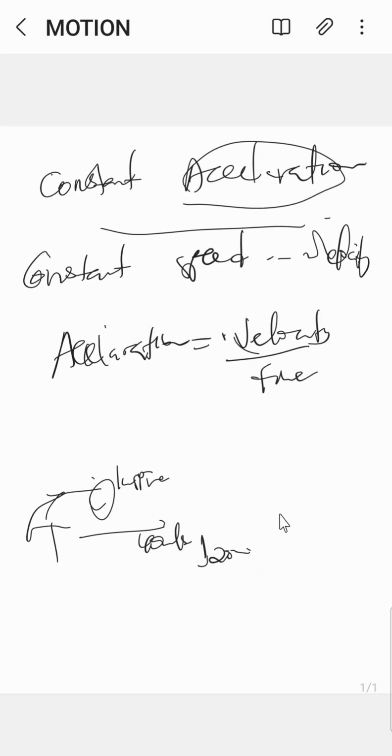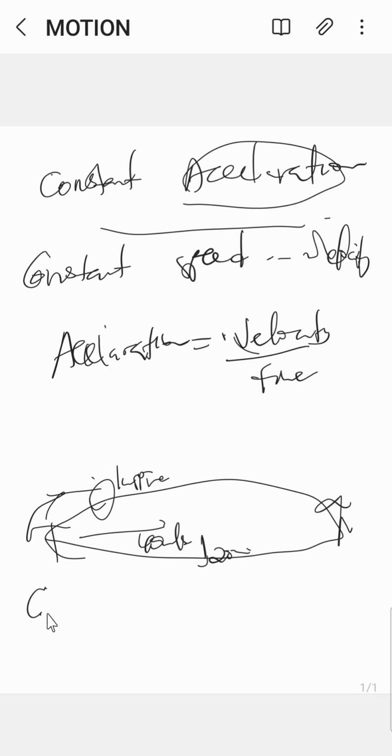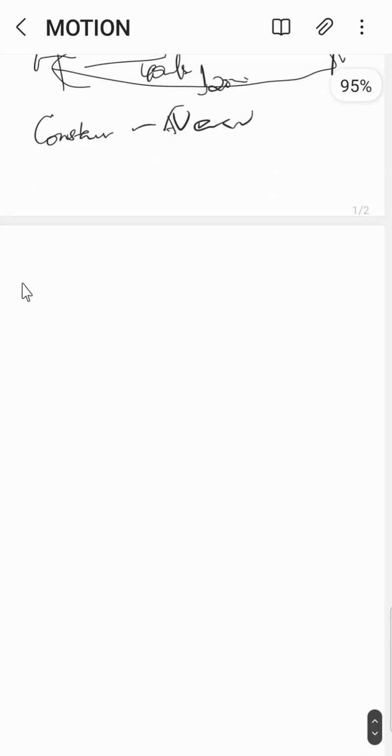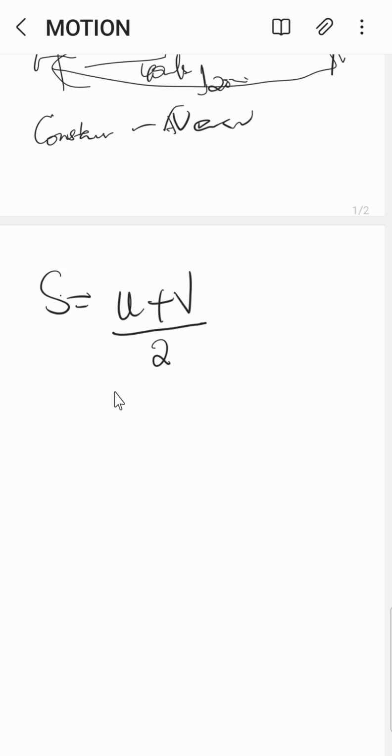So we discovered that for a distance, it was advisable to find an average velocity or an average speed. And as such, we are going to use a more mathematical way of finding average speed: the initial speed plus the final speed, or rather velocity, divided by 2.